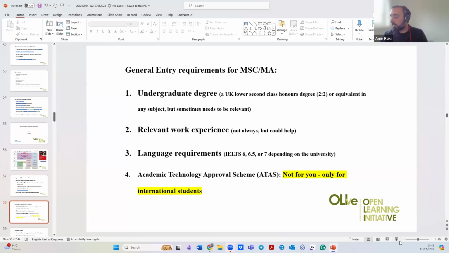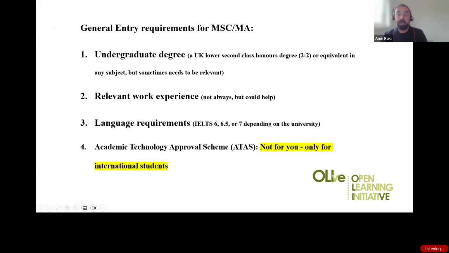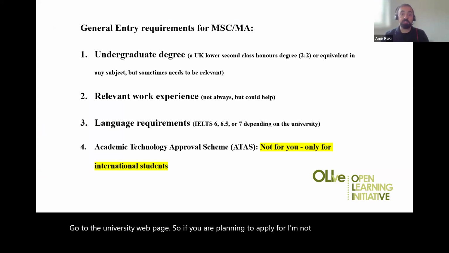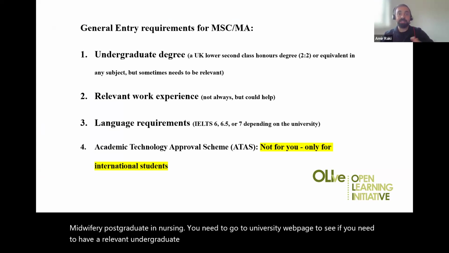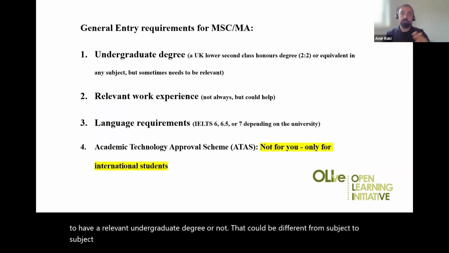So the main thing is you need to go to the university web page. If you are planning to apply for, say, midwifery or postgraduate nursing, you need to go to the university webpage to see if you need to have a relevant undergraduate degree or not. That could be different from subject to subject, from discipline to discipline.